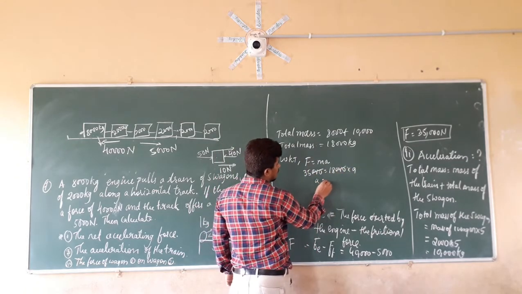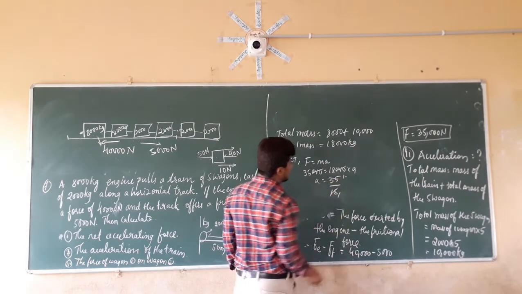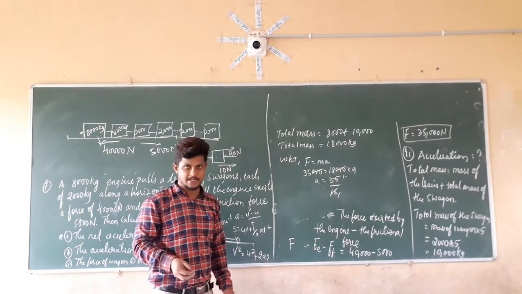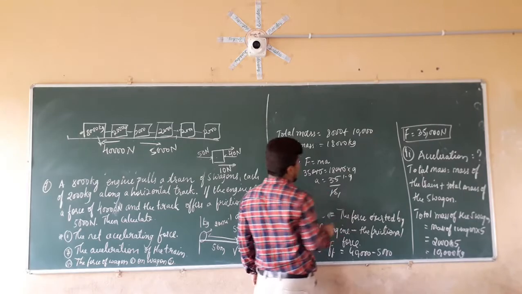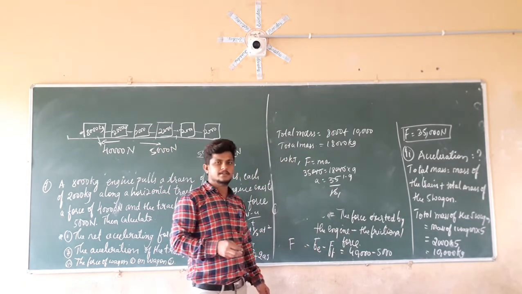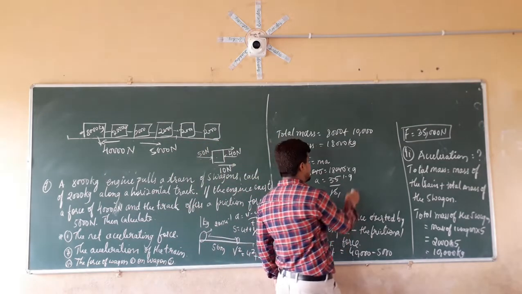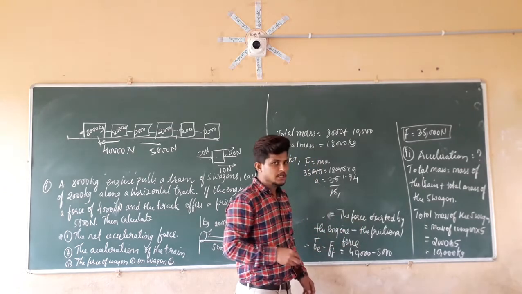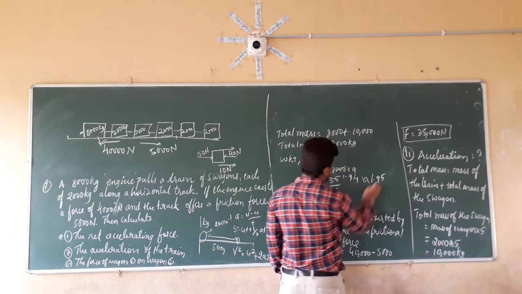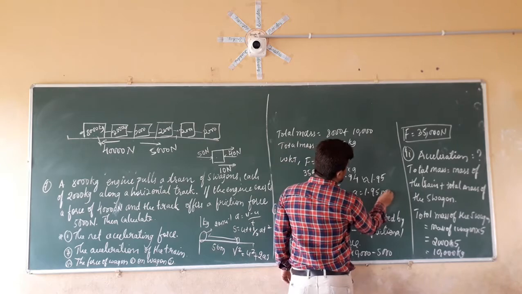Therefore, a equals 35 divided by 18. 18 ones are 18, remains 17, it becomes 170. 18 nines are 162. Remains 8, and it becomes 80. 18 fours are 72, which is nearly equal to 1.95. Therefore, a is equal to how much? It is equal to 1.95 meter per second square.